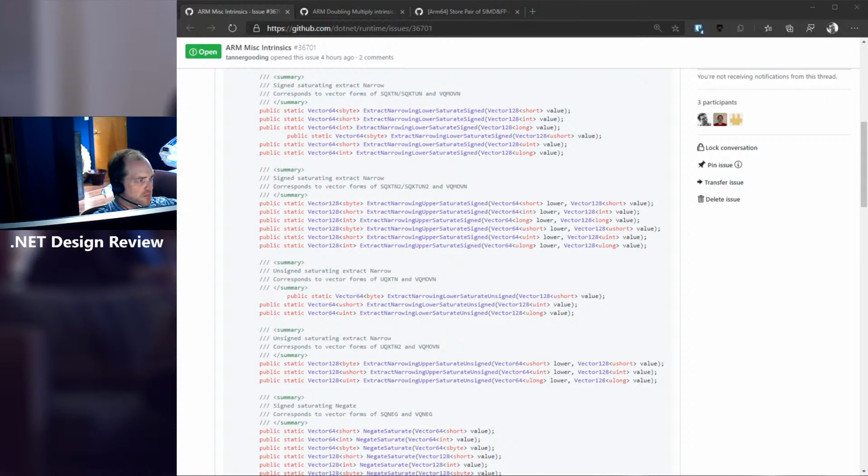Well, the saturation will be clear from the type and value, except with unsigned, where you can't tell from the source type. You have to say that you're going to saturate to unsigned.